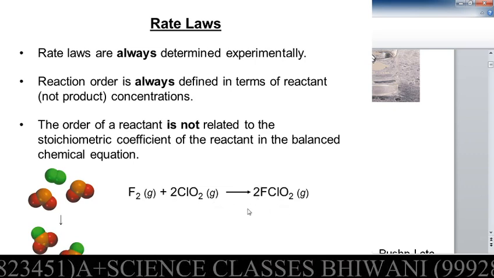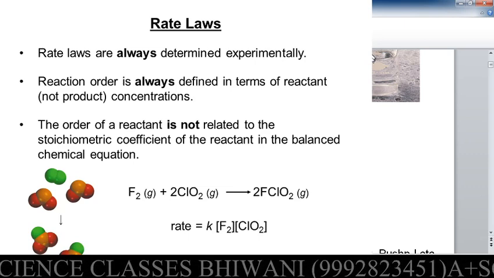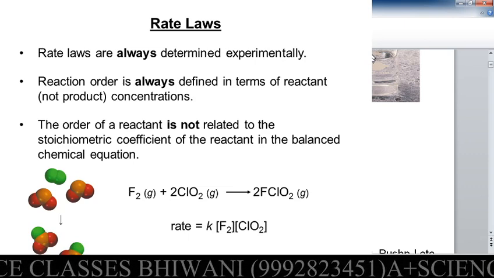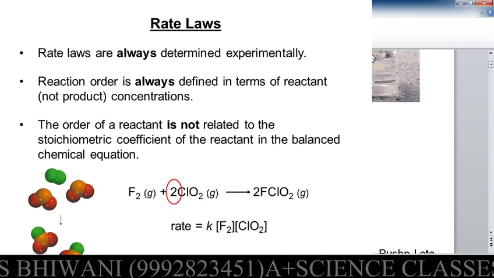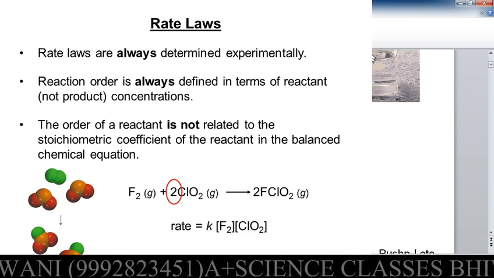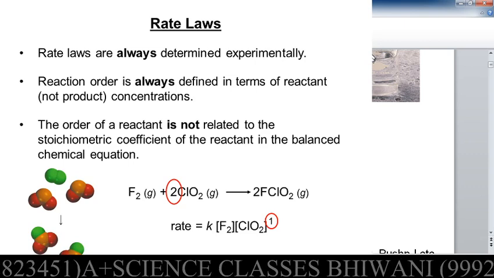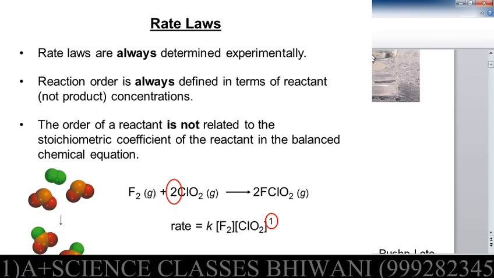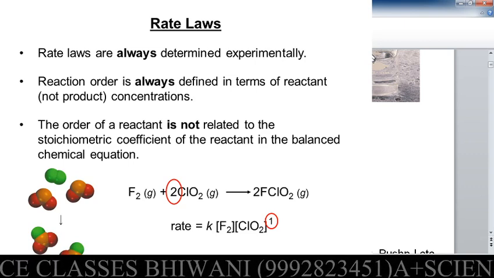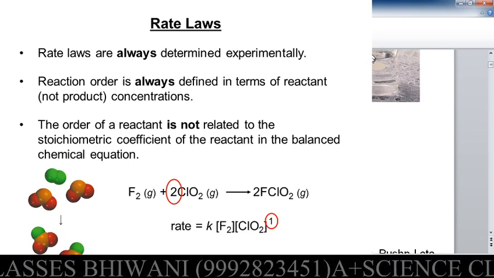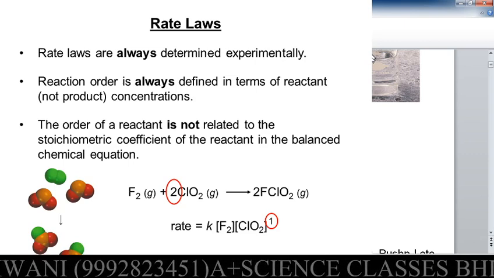Experimentally, we find that the rate of reaction is equal to the rate constant times the molar concentration of fluorine and chlorate, not raised to their stoichiometric coefficients. The power is only 1 for the chlorate, because there is no problem with the fluorine. In the balanced equation, fluorine is 1, and in the rate law it's also 1, but the concern is the concentration of the chlorate.